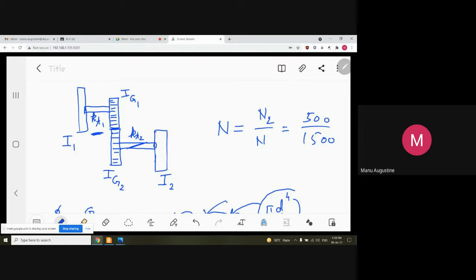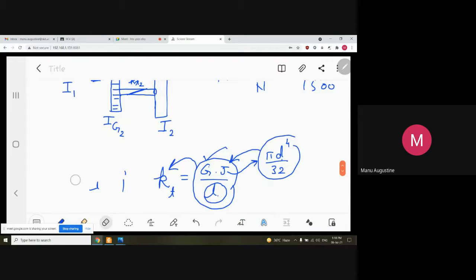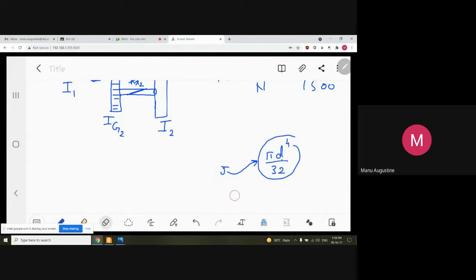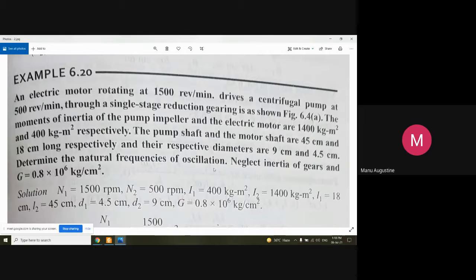And once you arrive at KT1 and KT2, what is the next step? The next step, obviously, as we have already detailed out, is to remove the gearing. Why are we so confident that we want to remove the gearing? Because the problem specifically states to neglect inertia of gears.